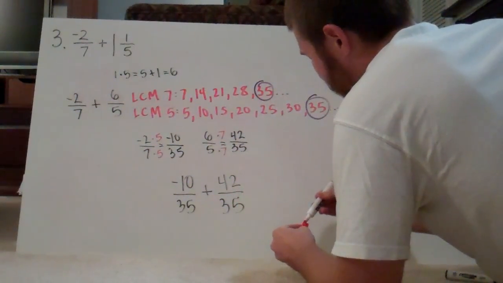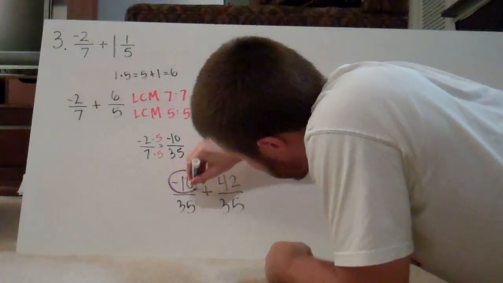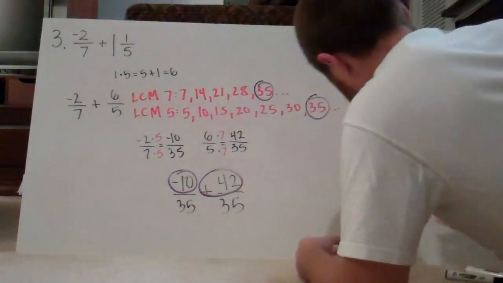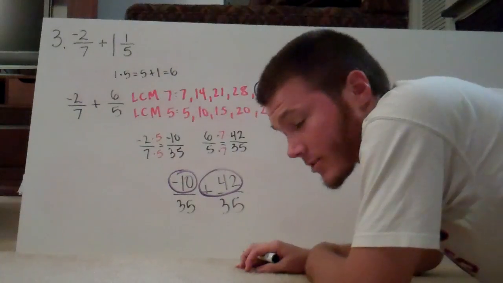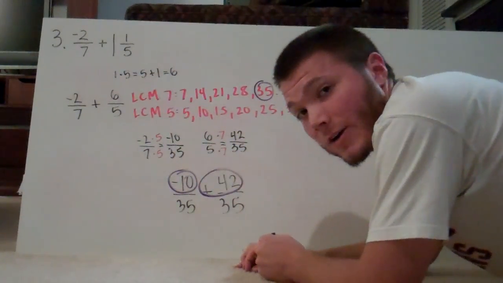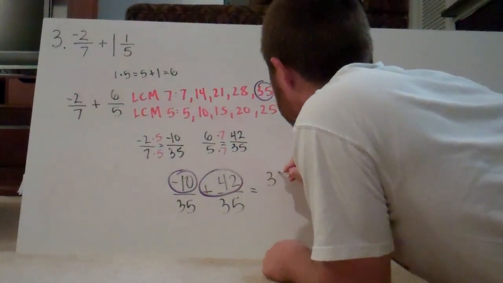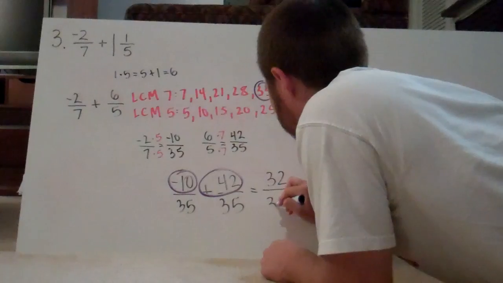Now it's going to be easy to combine these. I got negative 10 and I've got that positive 42. I owe $10. I've got $42. And give that person the $10 I owe them. All I'm left with is the $32 that I have, and the denominator is going to stay the same.